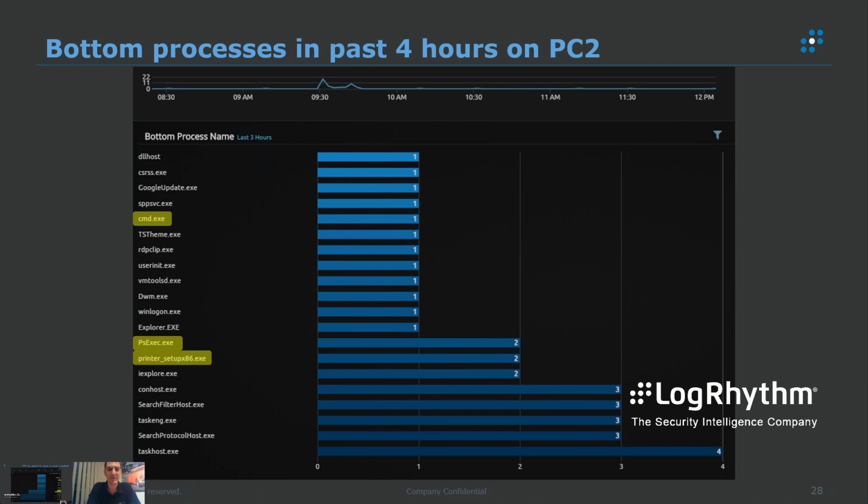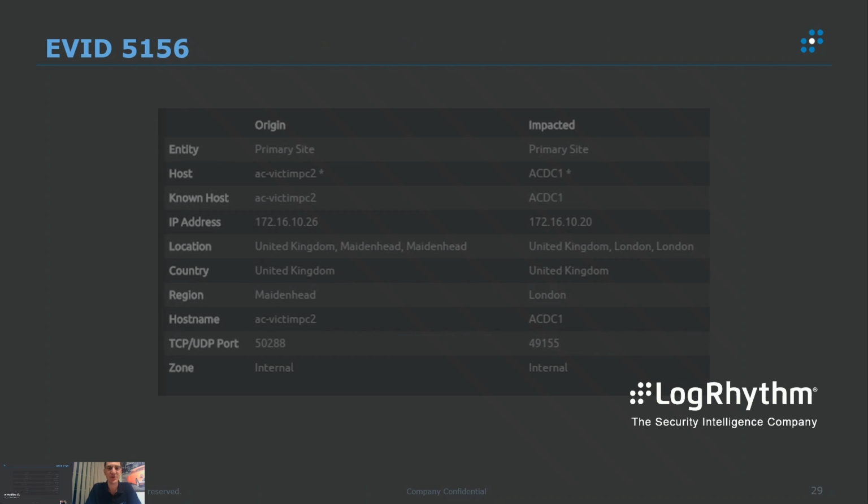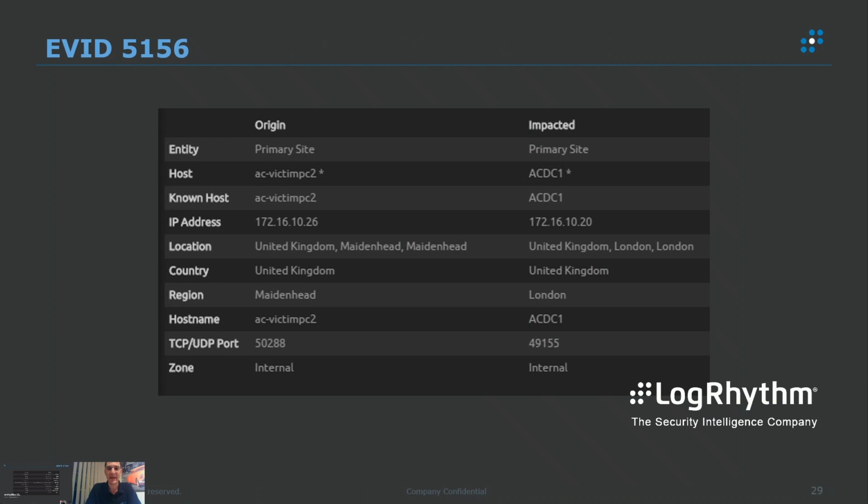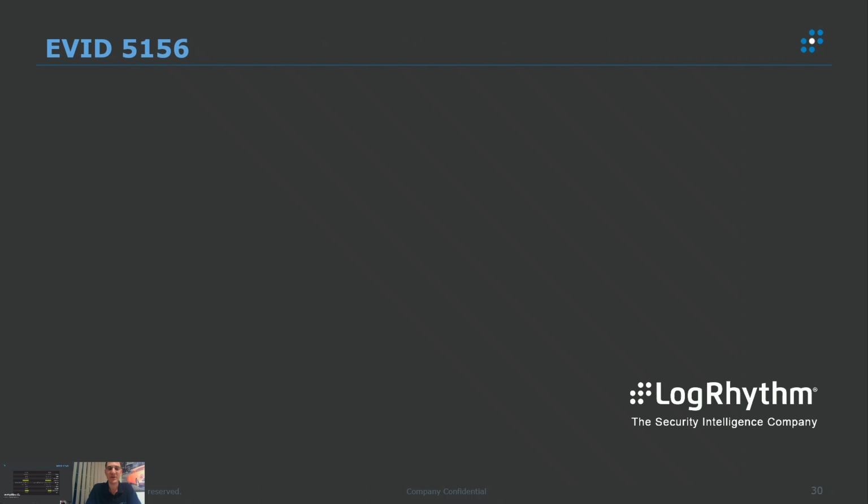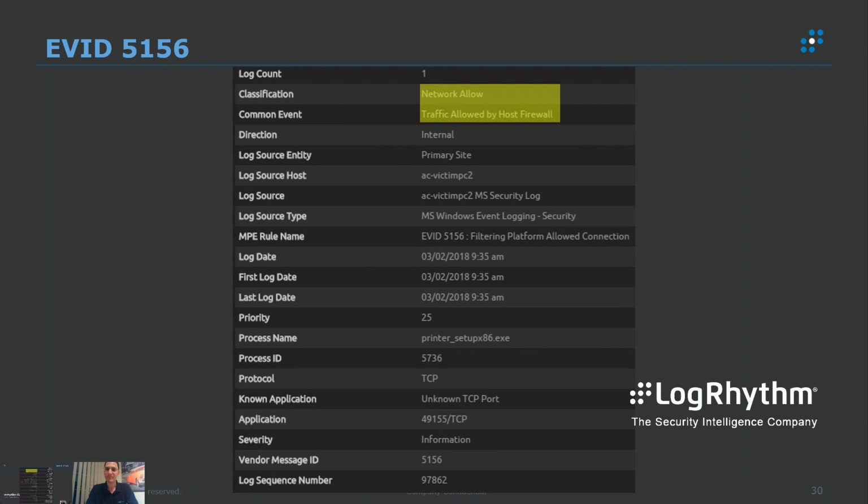Now, all this is actually events relating to the PC and the domain controller. So one might question, well, why is printer setup x86 making outbound connections to the domain controller? Looking at regular Windows event logs, event ID 5156 for this one, we get IP, TCP and UDP information.